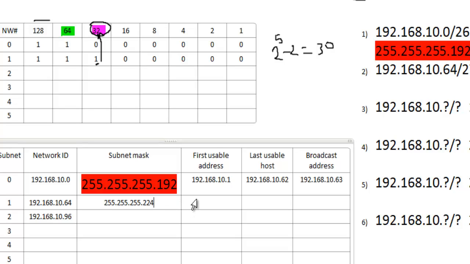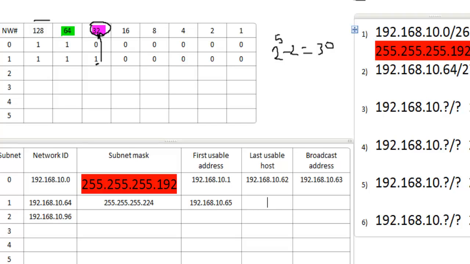What is the first usable IP? That would be 65. You just add one to the network ID of this block, 64, giving 65. But what is the last usable IP?